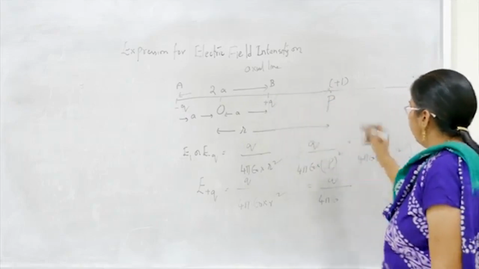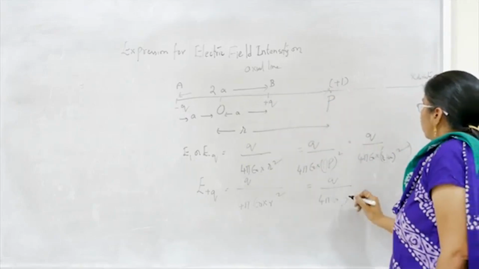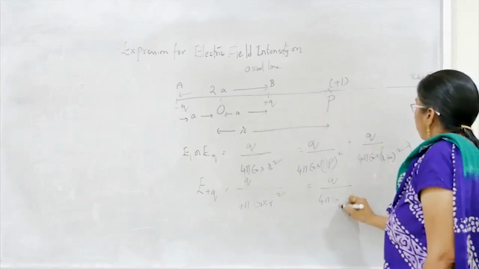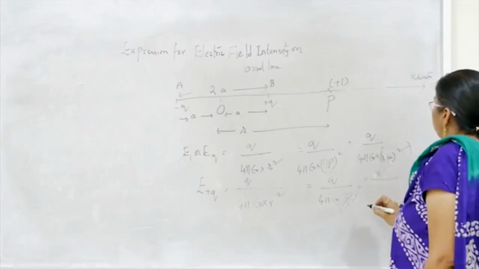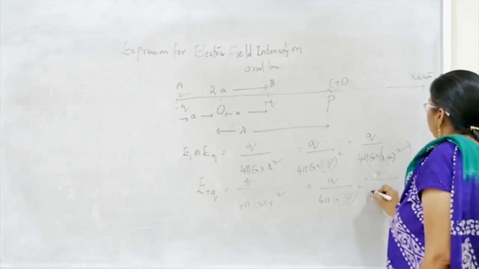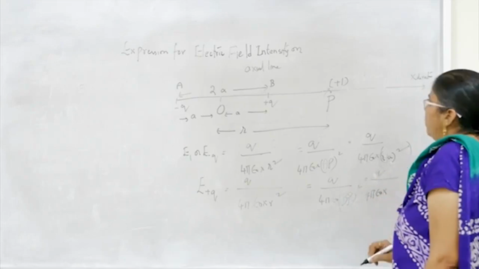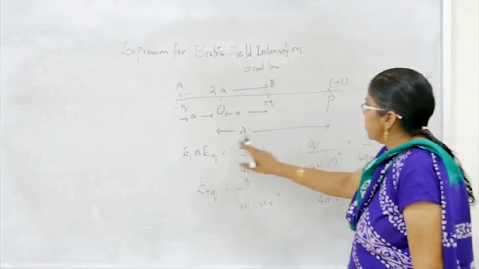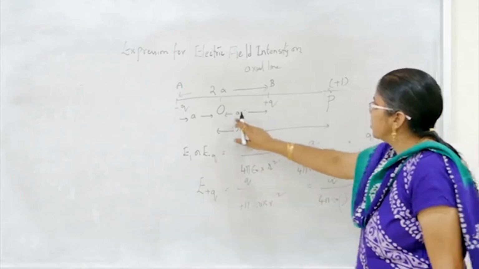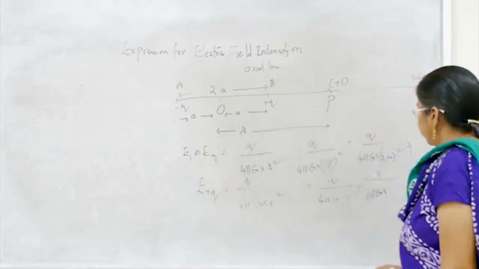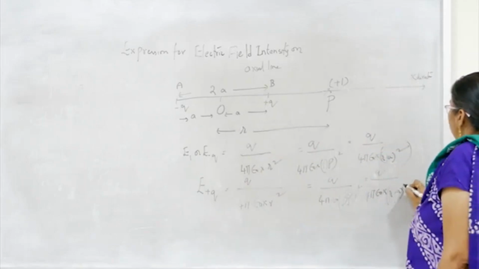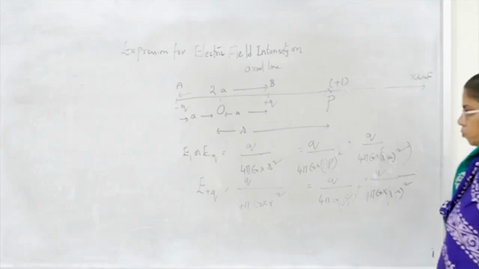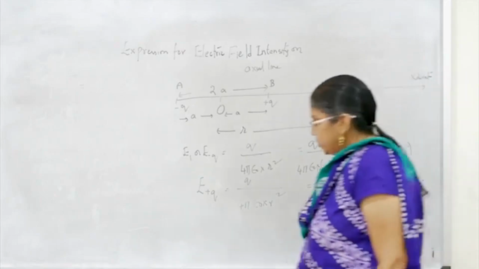Next is BP square, BP whole square. That gives Q by 4 pi epsilon 0 into BP square, which means this is R and this is A. So R minus A whole square. Now, this can be written as E2.